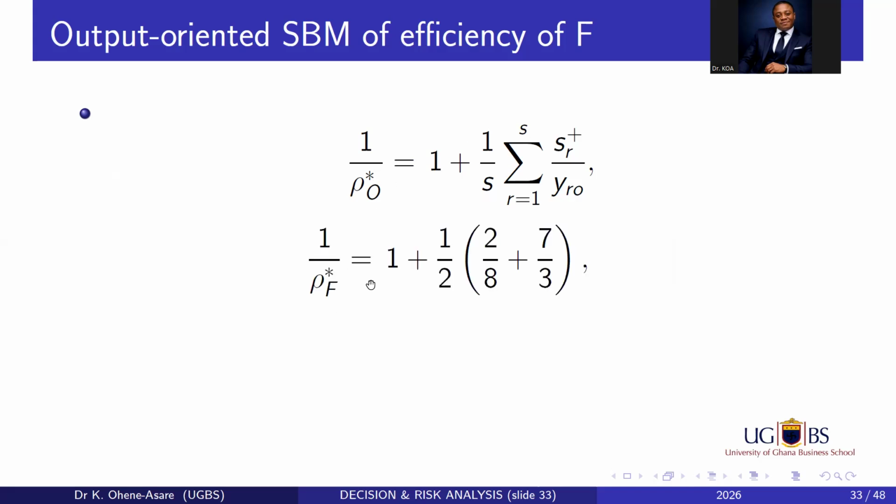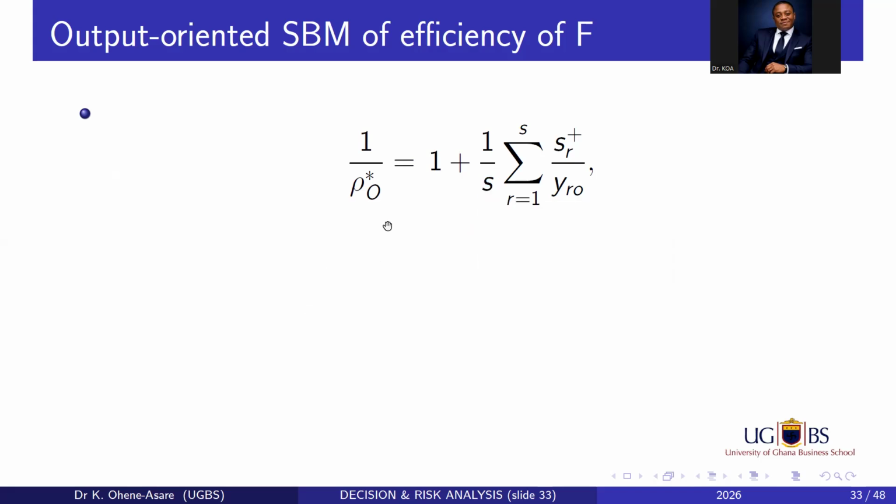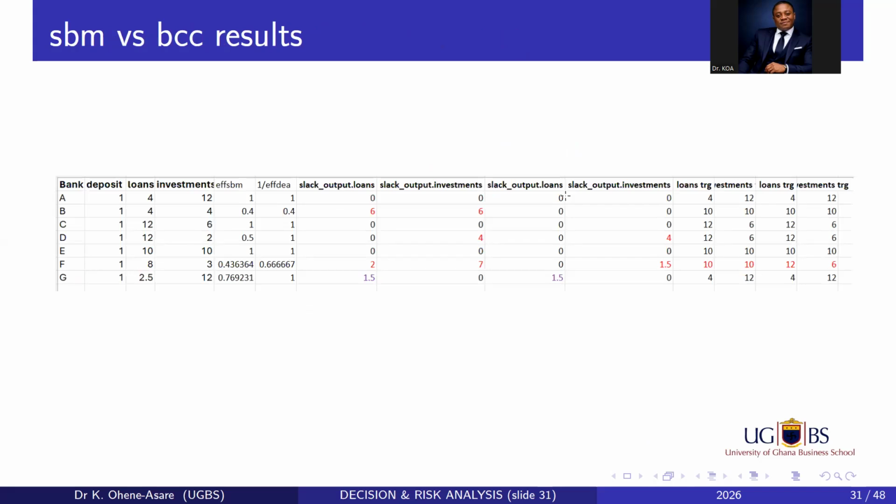So for F, you're going to identify 1 plus 1 over S. S is equal to what? S is 2. Then it says that you should take the slack of each of the outputs divided by the actual output. So the first one will be what? The slack of each output divided by the actual output for DMU F, for loans.